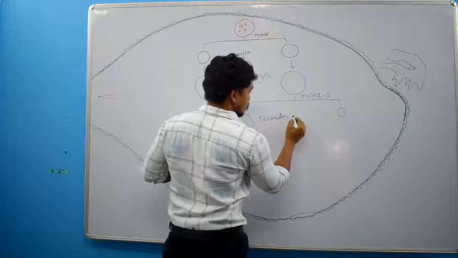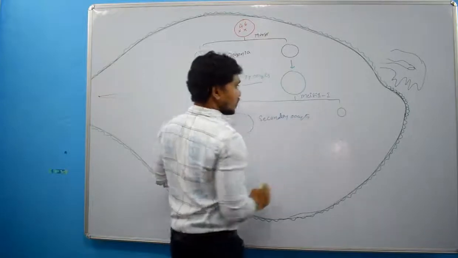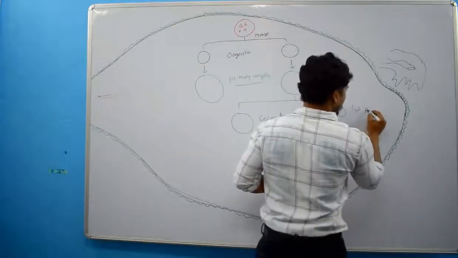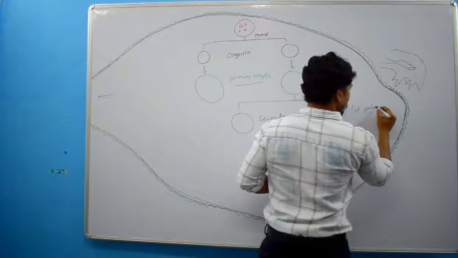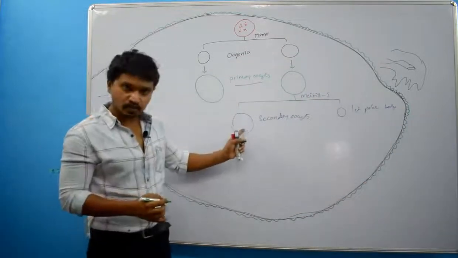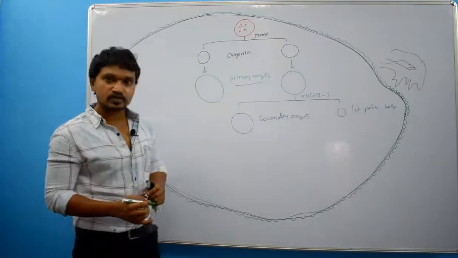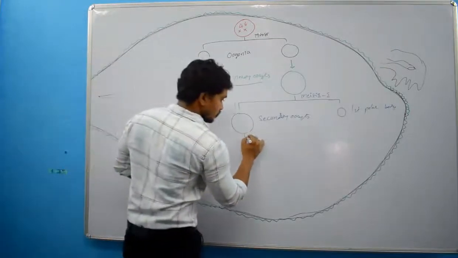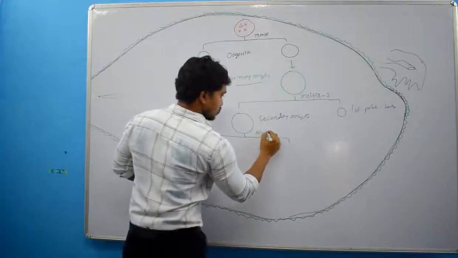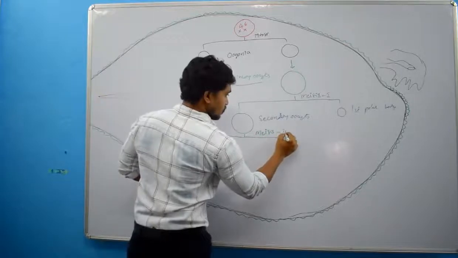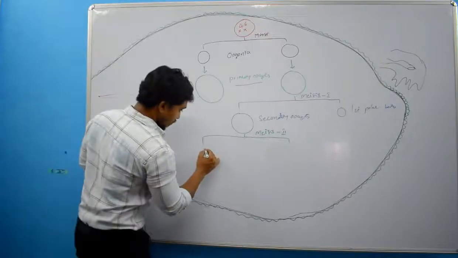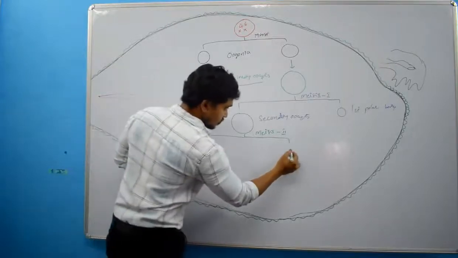Secondary oocyte. And this smaller cell, what we call the first polar body. First polar body. And the secondary oocyte will enter into meiosis 2, meiosis II, and produces again one larger cell and one smaller cell.